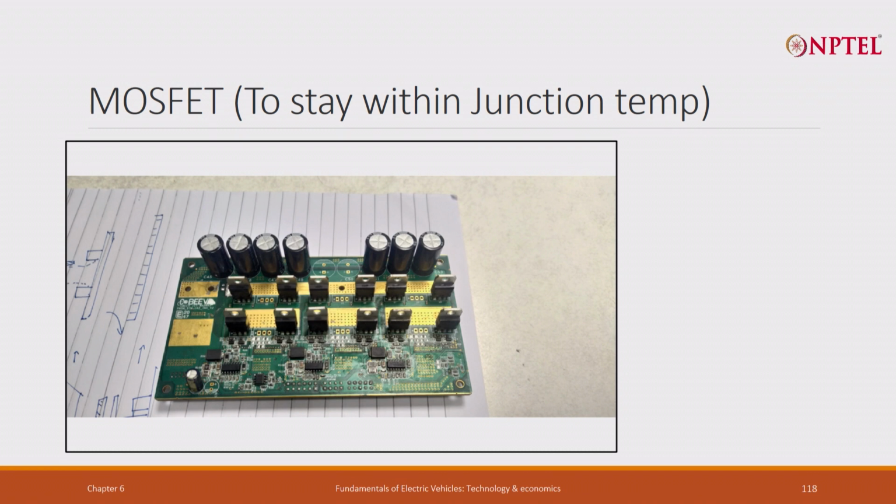Finally, we come to the semiconductor, where I said the junction temperature has to be kept within control. What you see here is a PCB. The semiconductors you see here are called the MOSFETs, metal oxide semiconductor field effect transistor. There is an expansion of it. Essentially, it is a transistor which switches on and off, and when it switches on and off, heavy current flows through it when it is on and does not flow when it is off.